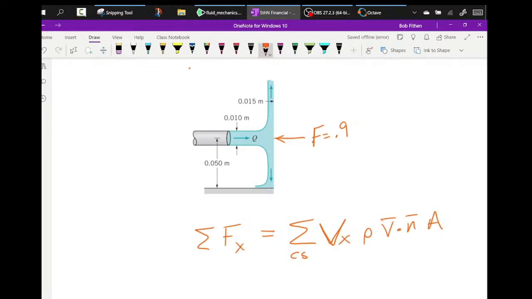Now, let's look at the surface. Okay, here's the control surface. Now, I can go back to here, and then go back to here, and I can define it that way.